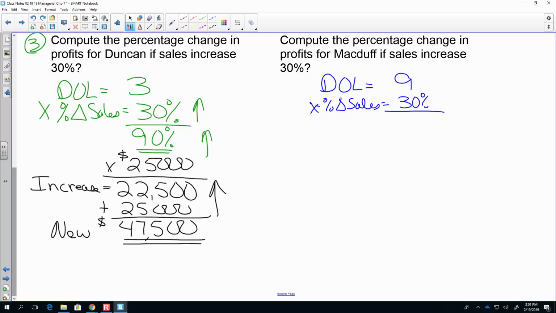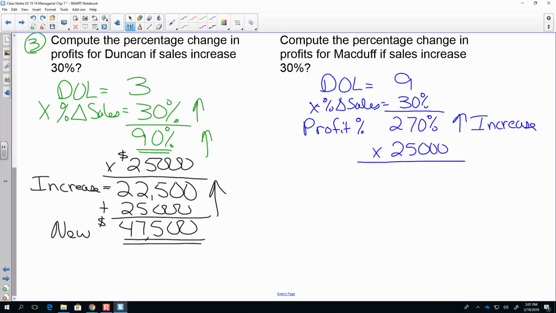That means profits are going to go up as a percent, 270% increase in profits. Their old profits are what? 25. My increase is how much?